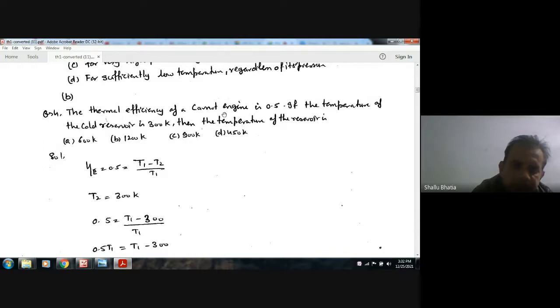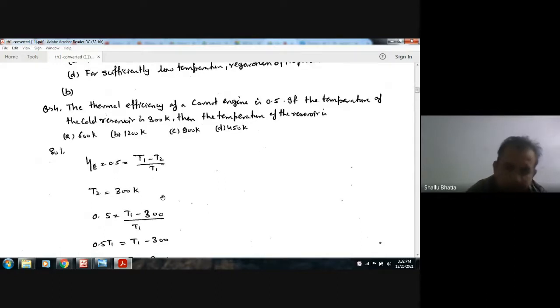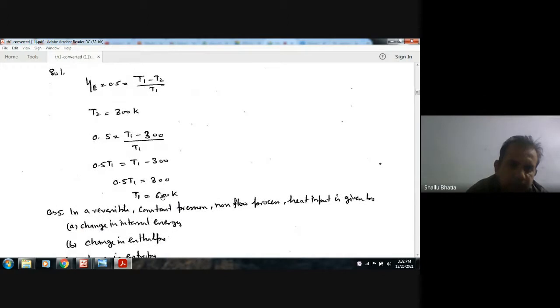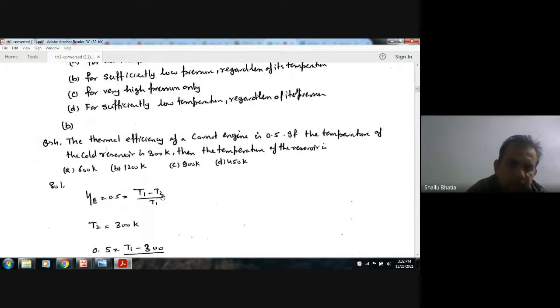T1 is the highest temperature and T2 is the lowest temperature, 300 Kelvin. So T2 is 300 Kelvin, and putting in the efficiency of 0.5, T1 will be 600 Kelvin. So answer is A.